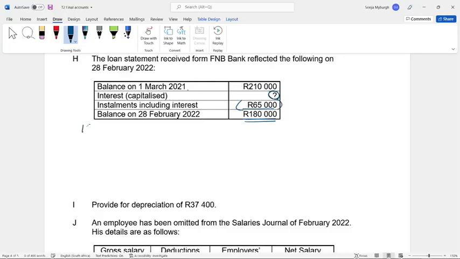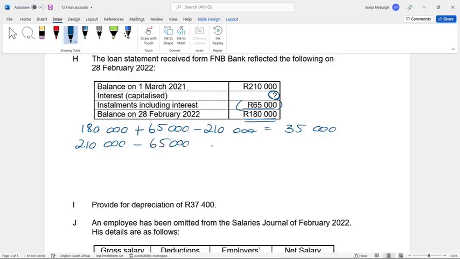If we start from the bottom, 180,000, now we swap the signs, 65,000 minus 210,000 will give us 35,000. If you work from the top, you keep the signs, 210,000 minus 65,000 minus the 180,000 will also give you 35,000.